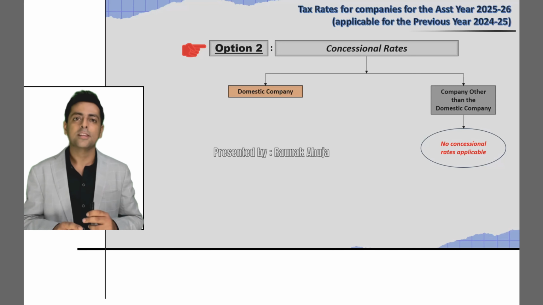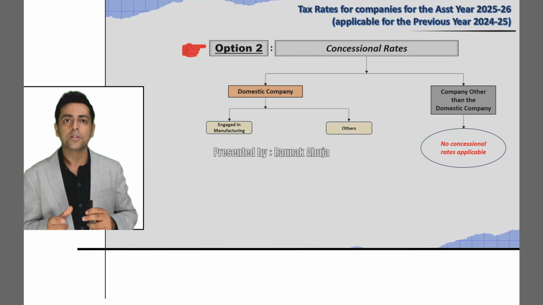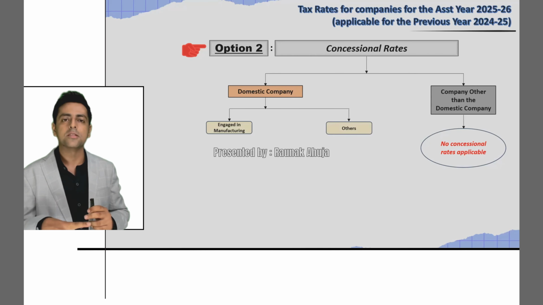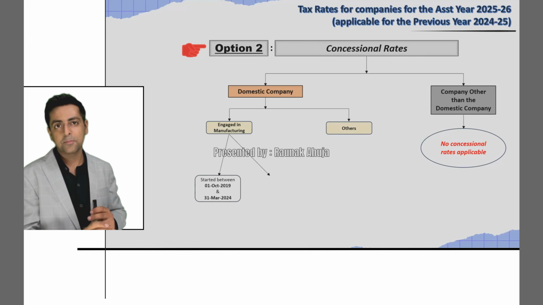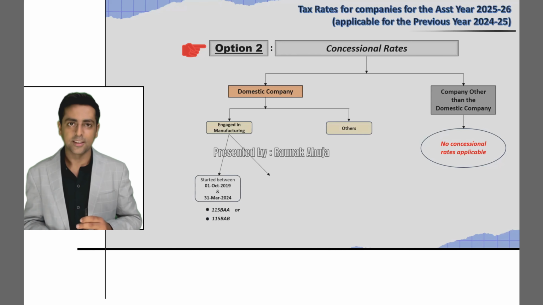The concessional tax rates for domestic companies would again require subdivision of domestic companies into two parts: companies engaged in manufacturing and the companies not engaged in manufacturing.